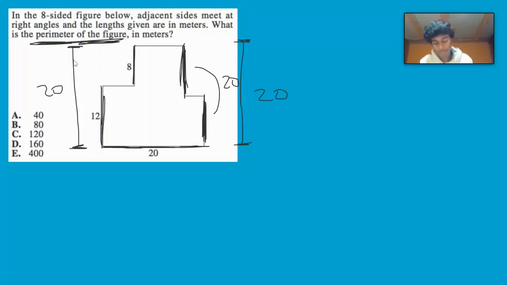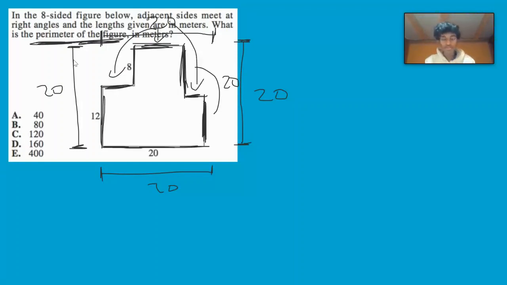Now similarly, we know that this horizontal component is 20, and we know that this right here is 20. So we know that this plus that plus this is equal to 20 as well, right? There, there, and there.